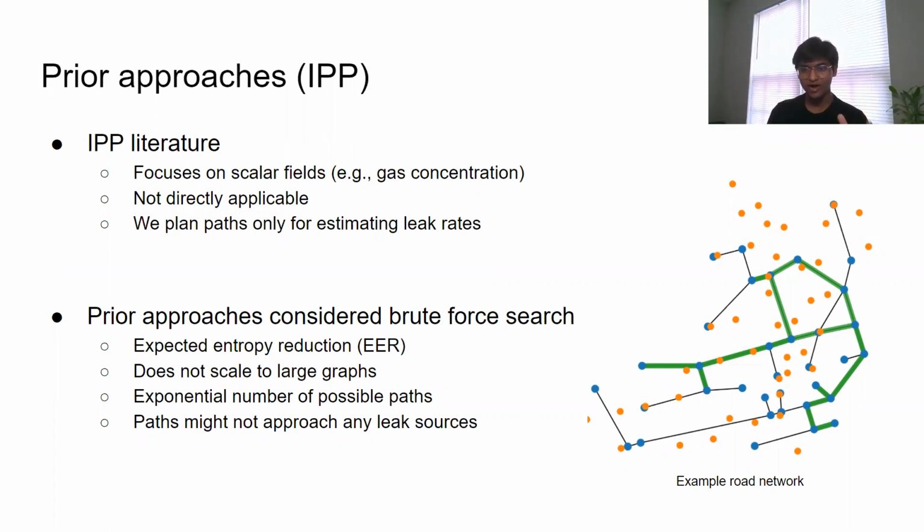But the approach is far too naive and does not scale to large graphs, since there could be an exponential number of possible paths within the distance budget. Additionally, many of these paths may not even approach any of the leak sources and be completely uninformative.